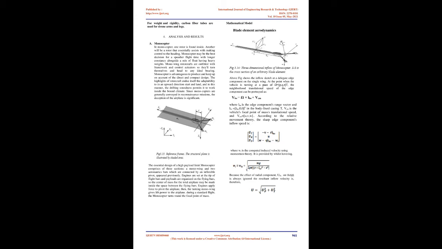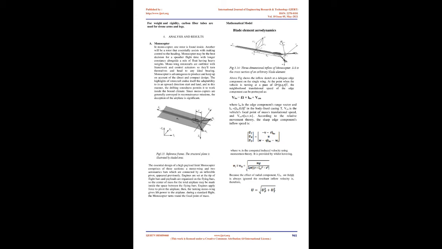Integrate or combine as many parts as possible, perfection by simplicity, reduced part count, function over form. Modularity and compatibility, i.e., hackable, dimensions bolt up to other common parts and accessories. For weight and rigidity, carbon fiber tubes are used for drone arms and legs.